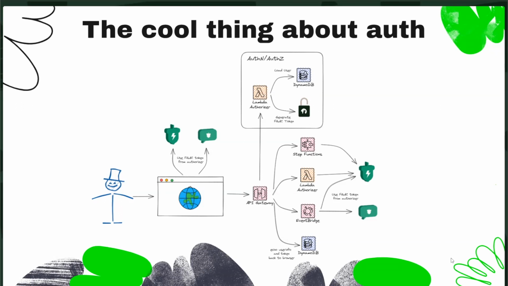What's cool about that is that you can also enrich the context that goes to downstream services in AWS. So based on the JWT that comes in, I can get information about the user, the roles they have access to, and pass that to Step Functions, Lambda, EventBridge and Dynamo.